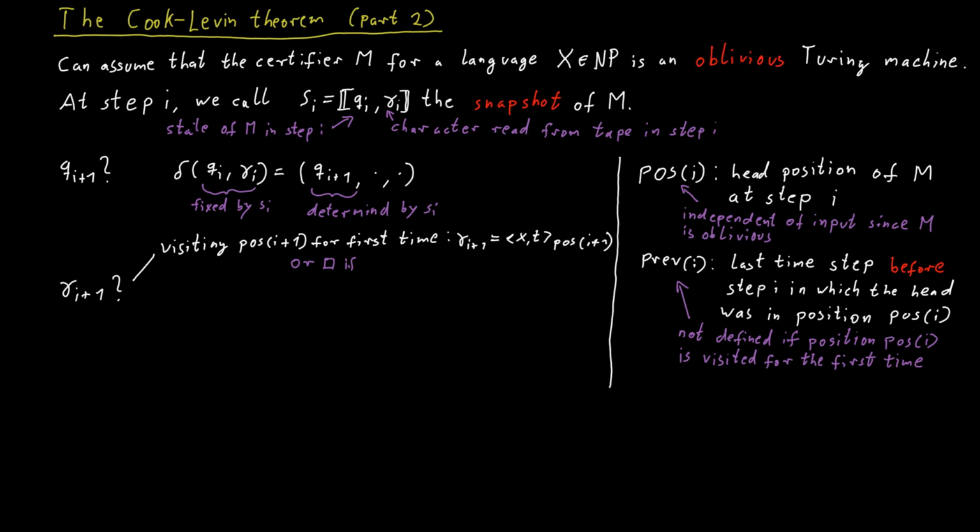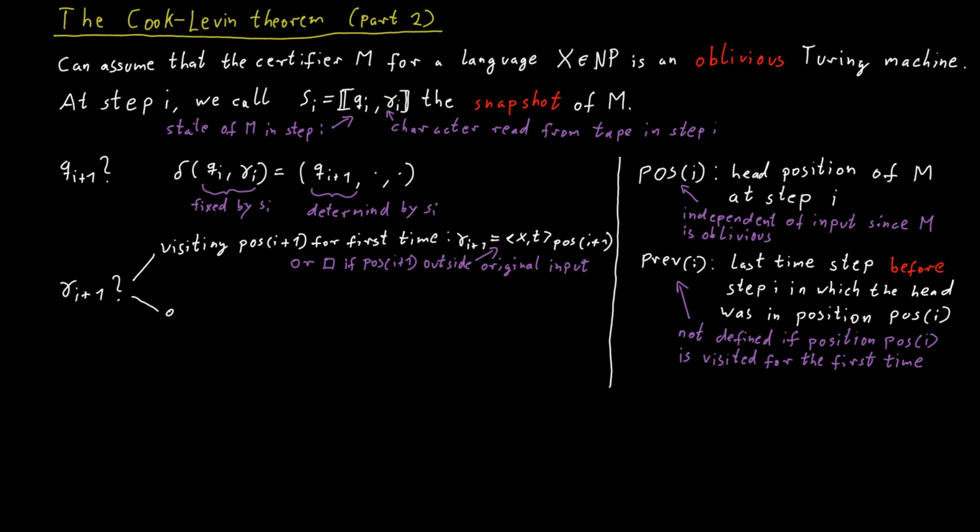So if the input is the combination of the bit string x and t, we just look at the corresponding position, pos of i, of that input bit string. And whatever is there is exactly what we are reading right now. So whatever is at position i plus 1 of that input bit string is the character we are reading right now. So that must be equal to gamma i plus 1.